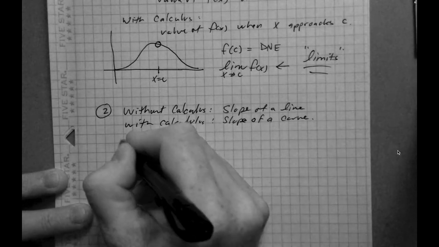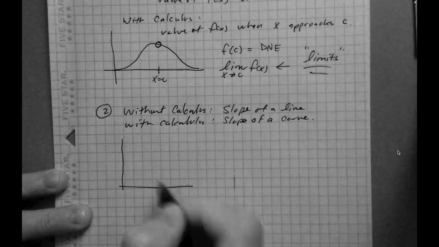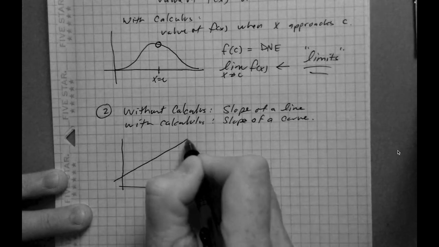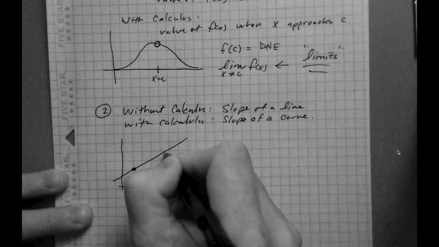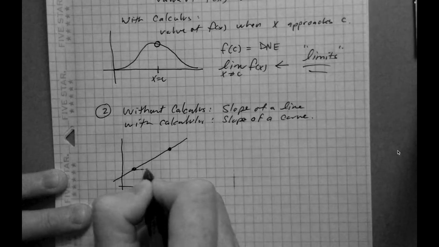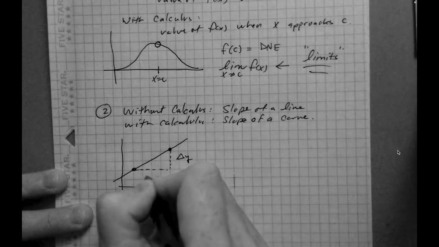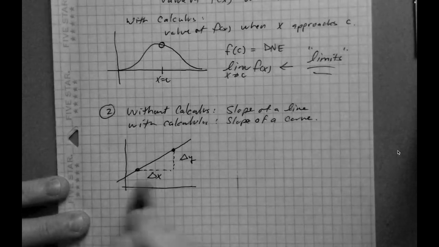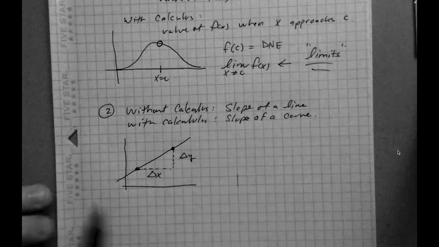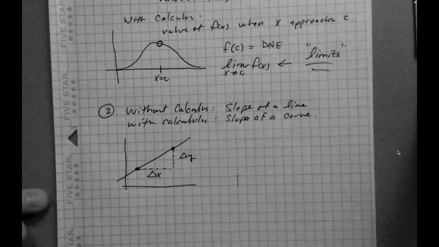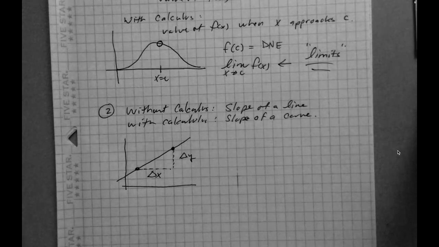Okay, so let's just make this a little more concrete here. When I say line, I mean a straight line, right? And we all know exactly how to identify the slope of a line. It's equal to the change in y divided by the change in x, right? And if I know those two values, which I could obviously do in this example, I can derive the slope of a straight line. And the slope of a line is constant, right, because it's straight.